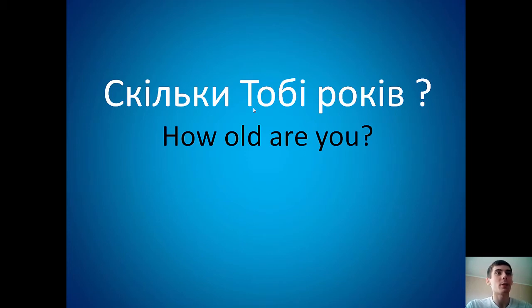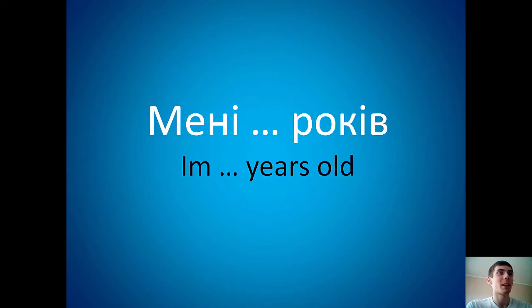Here you see informal option. Скільки тобі років? Скільки? Tell me right now. Okay, and you probably are going to hear мені, then a number, and then років. I am years old.